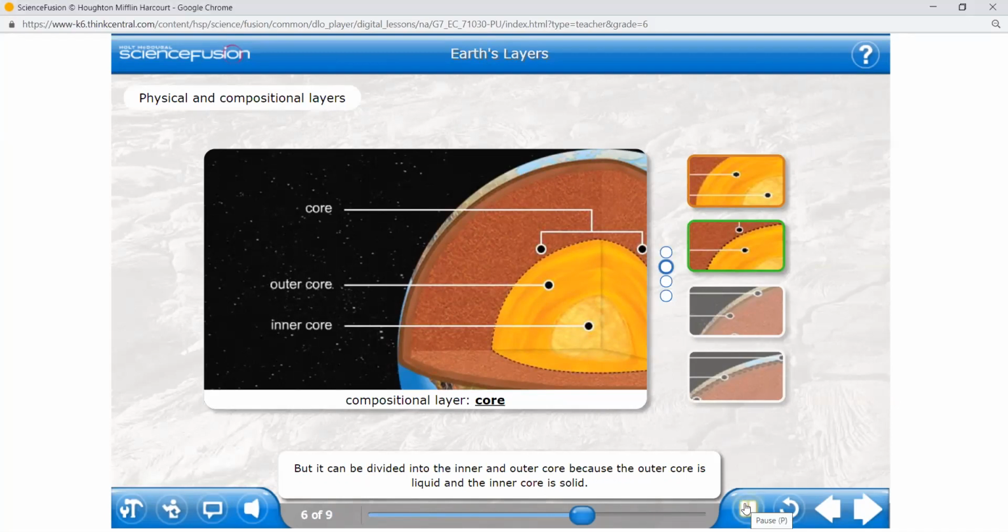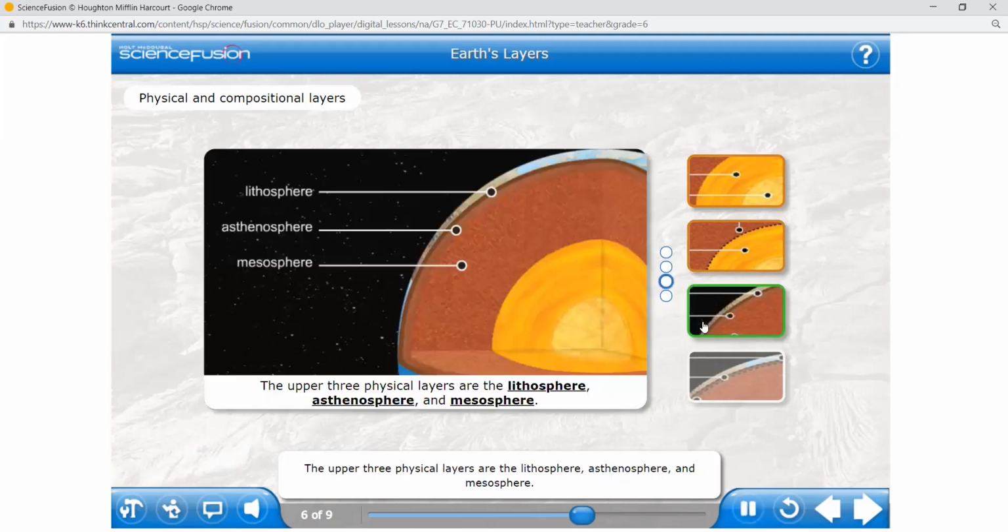The inner and outer core, because the outer core is liquid and the inner core is solid. The upper 3 physical layers are the lithosphere, asthenosphere, and mesosphere.